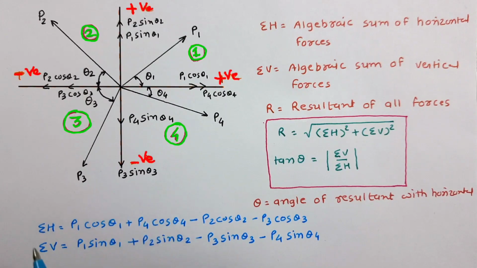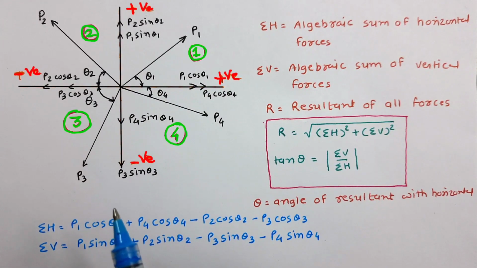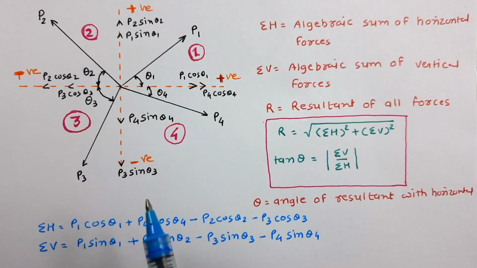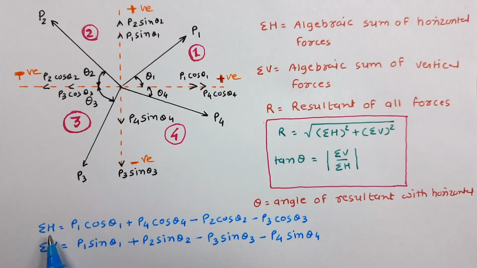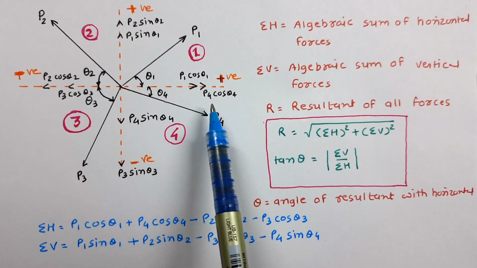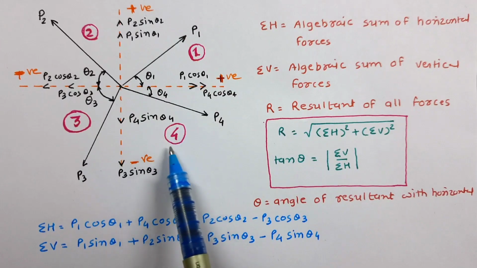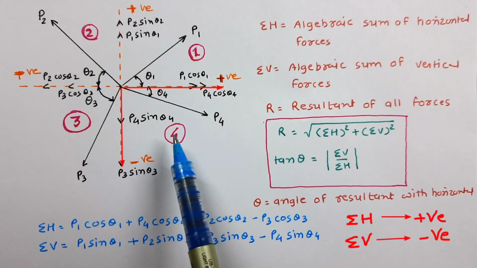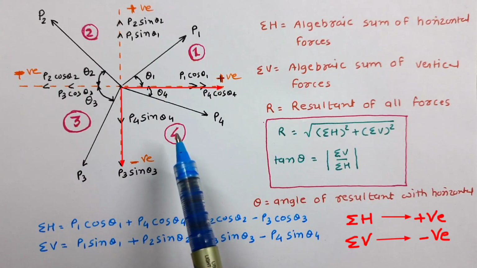So based on the sign of sigma H and sigma V, we can determine resultant is acting in which quadrant. Suppose the sign of sigma H is positive and sign of sigma V is negative, so we can say horizontal force is positive and vertical force is negative, so the force will be in fourth quadrant. Likewise, we can determine the exact quadrant of resultant force.